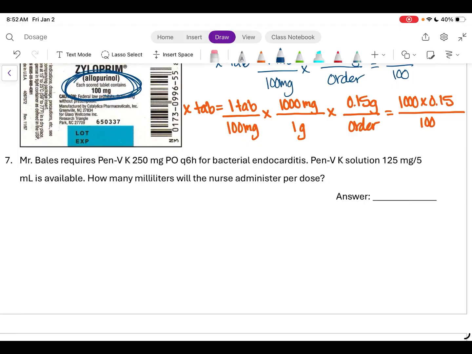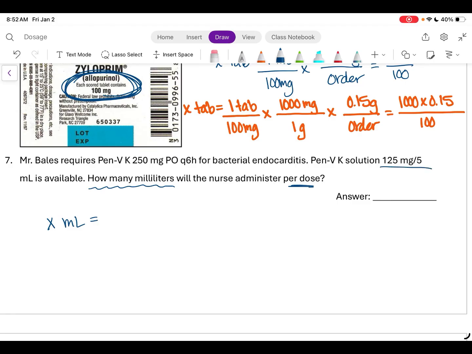Number 7. Mr. Bales requires PenVK 250 milligrams. It comes in a solution that's 125 milligrams for every 5 milliliters. How many milliliters will you administer per dose? So X mL.